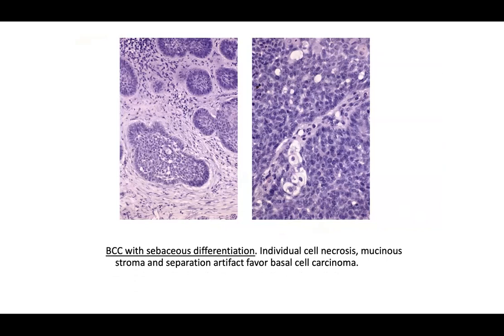If you did a Ber-EP4, most of this tumor would be positive, and an adipophilin or even a PRAME stain should be positive within the well-differentiated sebocytes. For those of you not familiar with PRAME, I can do another lecture where I delve into the specifics of PRAME.